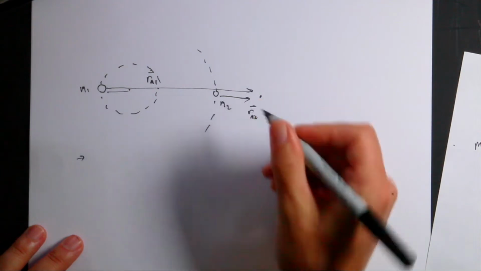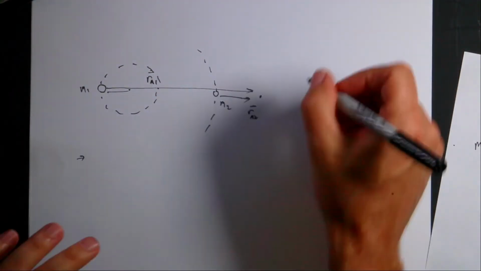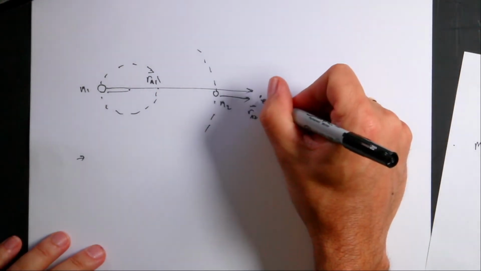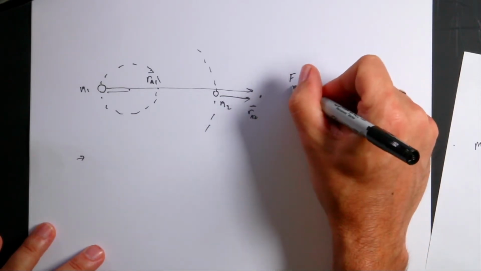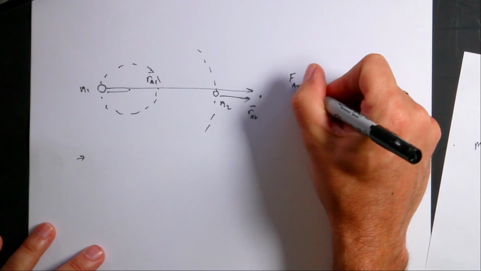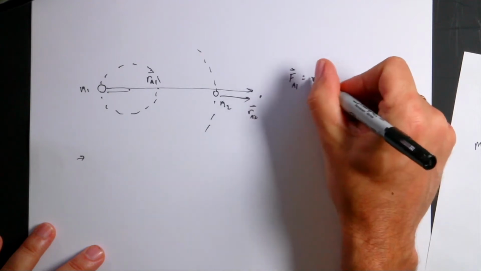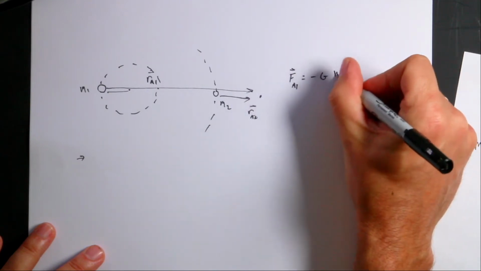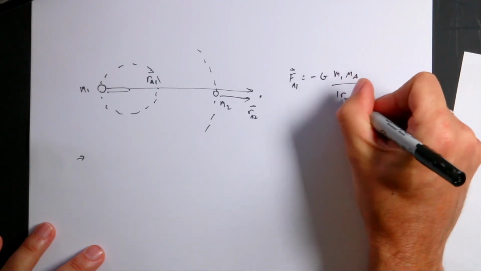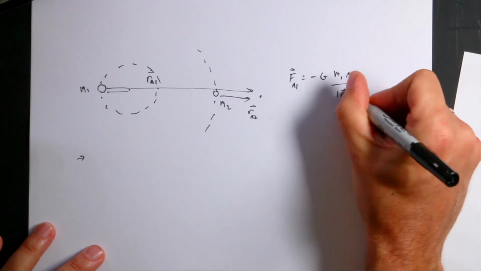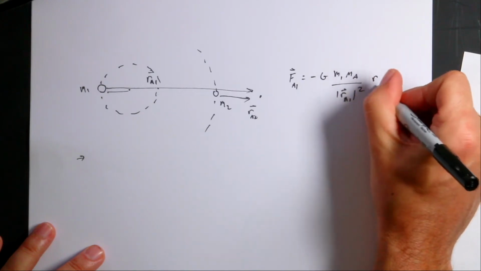I need those vectors because I need to calculate the total gravitational force on this, where the gravitational force FA1 is going to be negative G M1 MA over the magnitude of RA1 squared times the unit vector RA1.